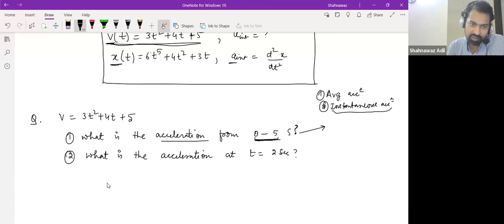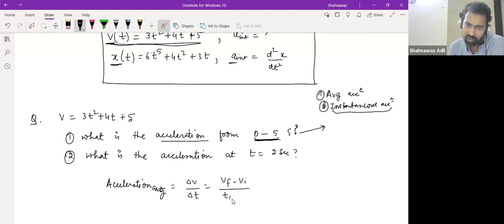Average acceleration is delta v by delta t, right? Which is v final minus v initial divided by t final minus t initial. So v final is v at 5 seconds, and v initial is v at 0 seconds, and t final minus t initial is 5 minus 0.